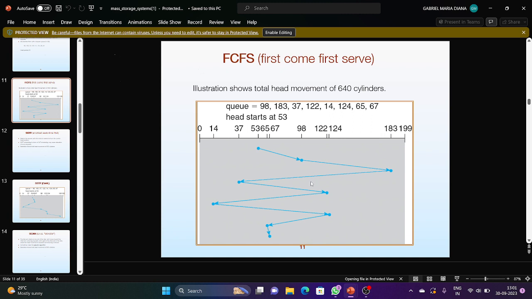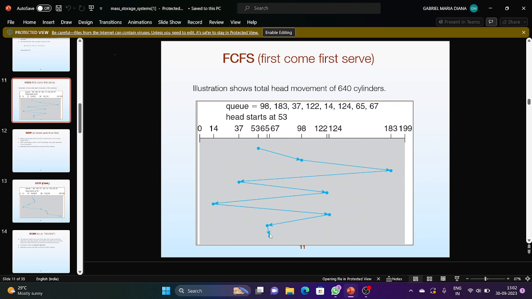Then it serves 14, which comes after 122. Then it serves 124, which comes after 14. Then it serves 65, which comes after 124. Then it serves 67, which comes after 65.